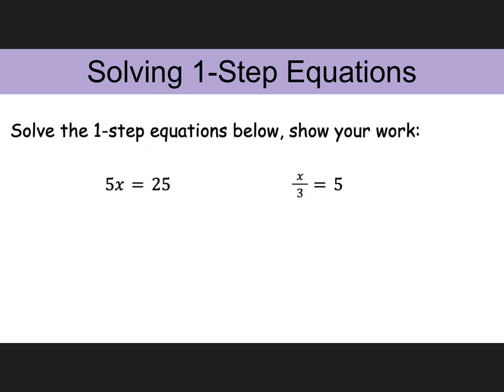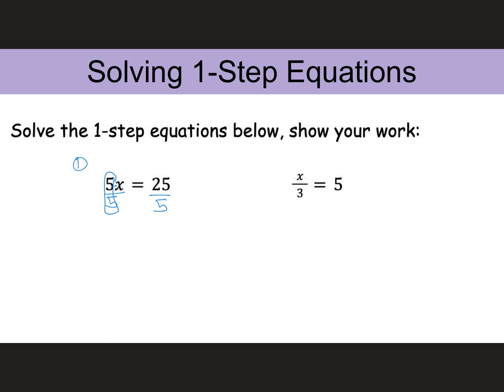In my second set of problems, I'm looking at multiplication and division. So for problem 1, I have 5 groups of x equals 25. Now remember, if I have a number next to a letter, there's a little invisible multiplication there, 5 times x. So what's my inverse operation? The inverse of multiplication is division. So I'm going to divide by 5 on both sides.